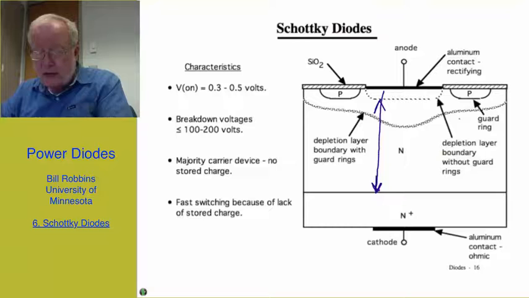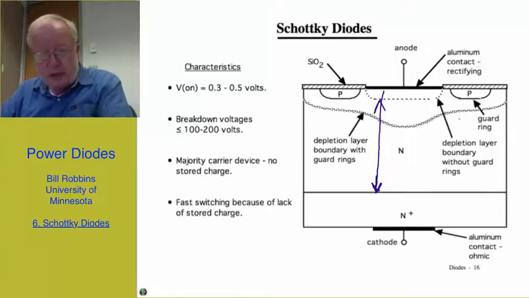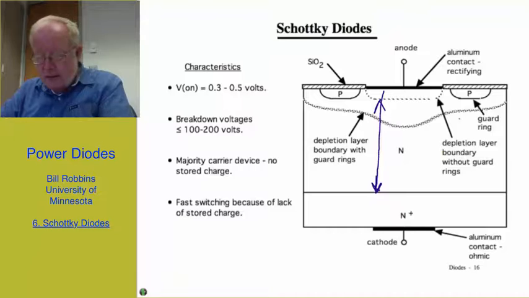Our breakdown voltage is going to be much less. We're going to have a much thinner, even in thermal equilibrium, depletion layer thickness. That means sharp radii of curvature. So we have to have guard rings in order to maintain the estimated breakdown voltage, which we would come to using the plane parallel approximation for the boundary of the depletion region.